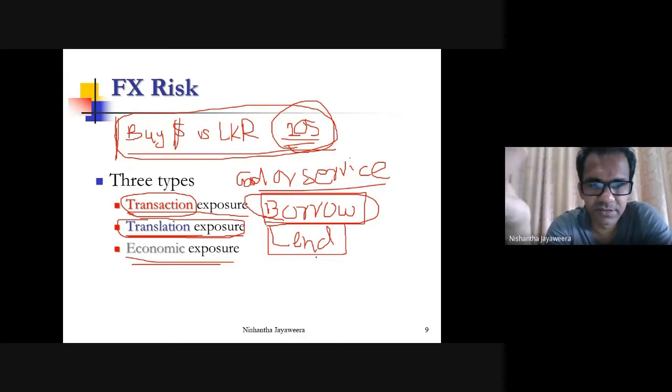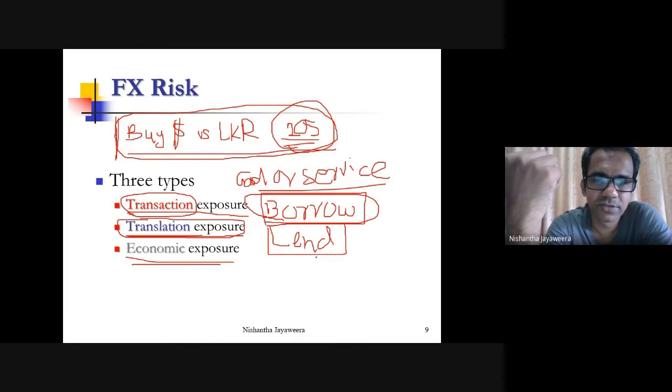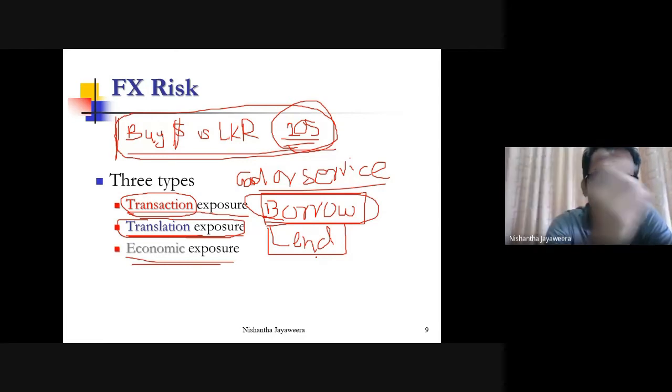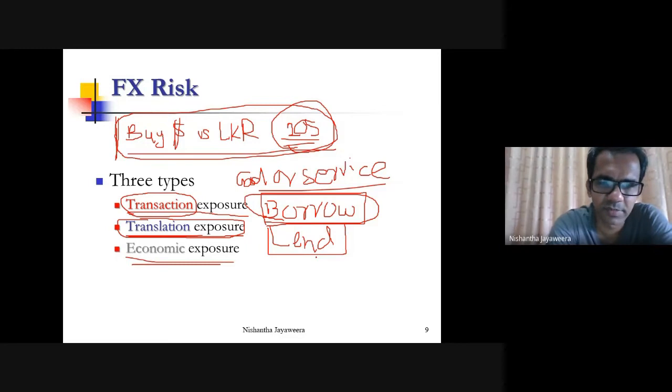So then the local firm's market share will get eroded, or it can be the other way around. Price of imported goods increases, local goods are cheap, so the local firm may get a higher market share. So all those things can happen. That is the economic exposure.